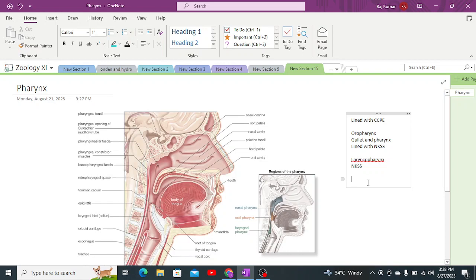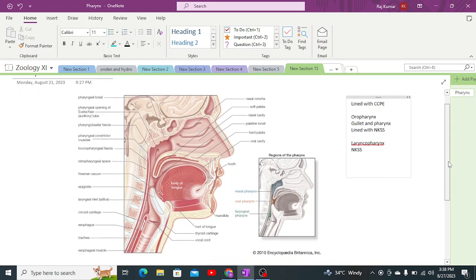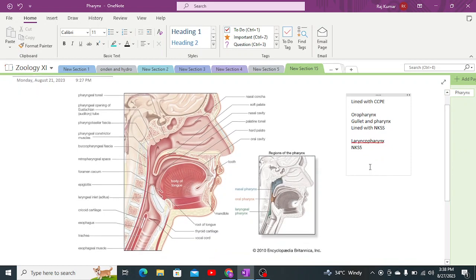And apart from this, there are the muscles of pharynx, which assist in the process of deglutition, or swallowing. Pharynx has muscles known as pharyngeal constrictors, and these are divided into two types.